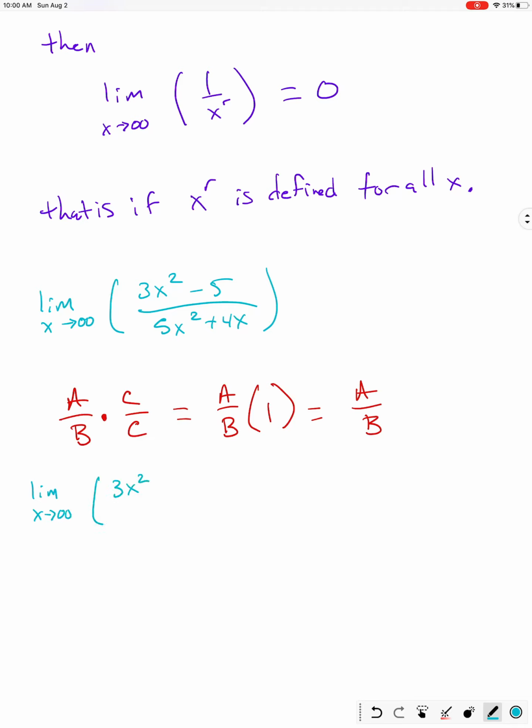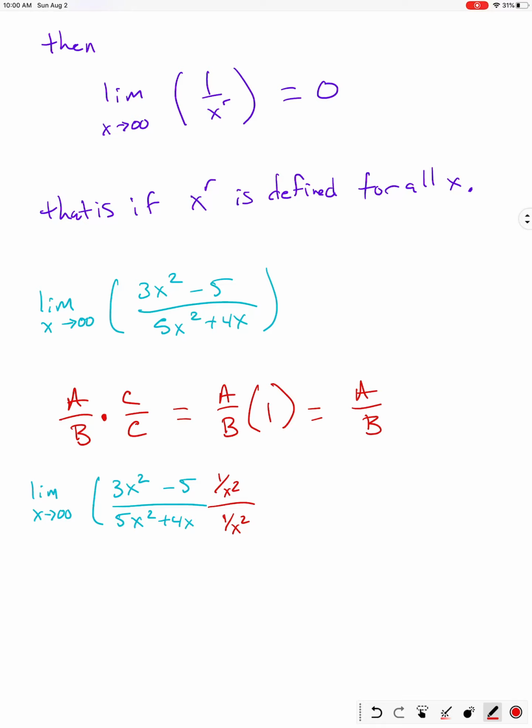So let's just work that out. The limit as x approaches infinity of 3x squared minus 5 divided by 5x squared plus 4x. And then I'm going to multiply both top and bottom by 1 over x squared.